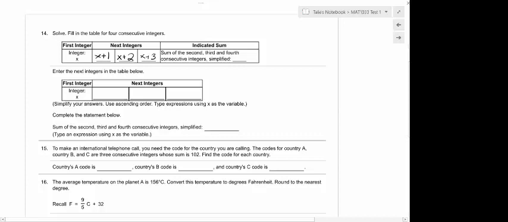Then they want you to find the sum of the second, third, and fourth consecutive integers. So they want you to add these integers together, not the original one for some reason. They're just asking you to add together the second, third, and fourth. So if you combine those like terms, you have x plus x plus x. What does that give us? 3x. Good.